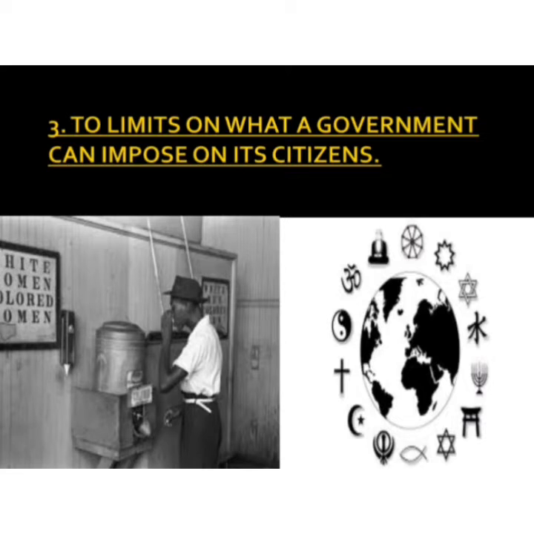So there should not be any such kind of discrimination among the people living in a society. So the third function of the constitution is specifying the limitations that have been put forward on what a government can impose on its citizens, right?